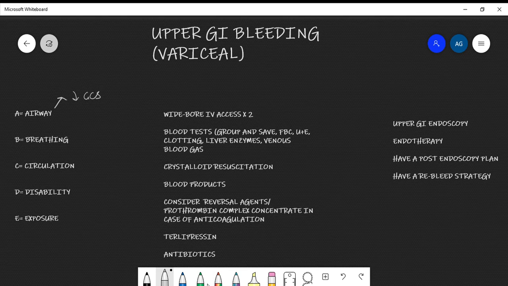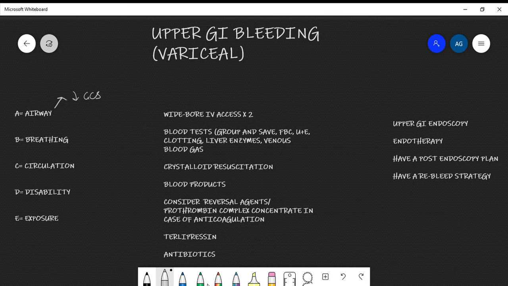They have hepatic encephalopathy, which again can cause a drop in the GCS. And if the GCS is very low, this can impair their ability to protect their own airway, and therefore they might have problems maintaining their airway. But usually, for most patients, you'll not have any trouble with their airway.